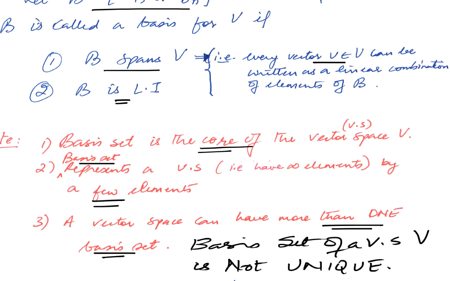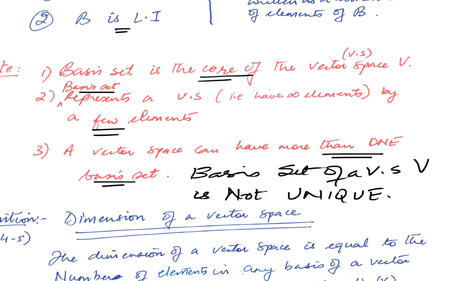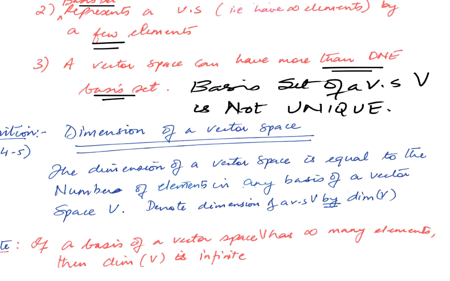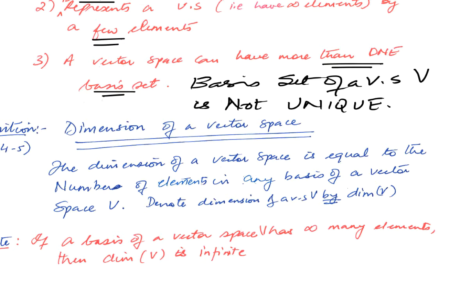Okay, now this is something which is related to the basis set, and it is from section 4.5. This is called the dimension of a vector space.